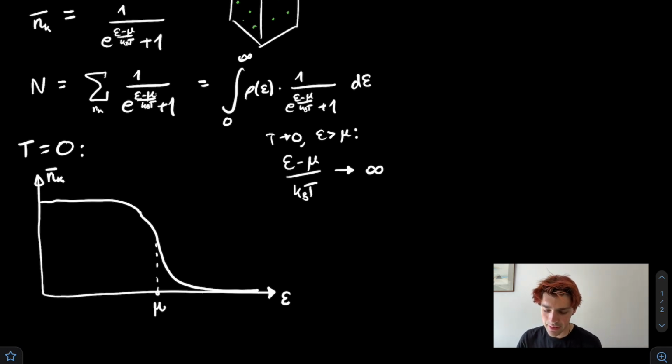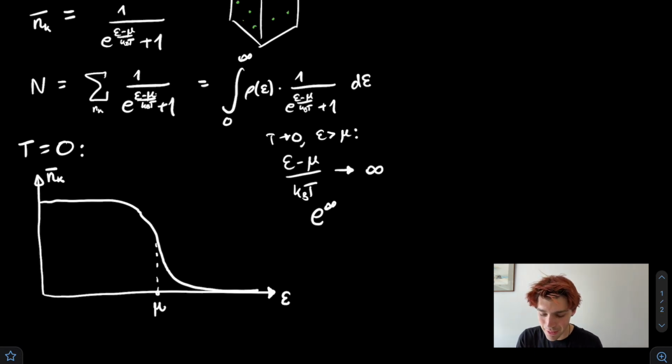And what happens to e to the infinity? Well, it's also going to get really, really big, unimaginably big, and compared with this plus 1 it's not going to matter at all.